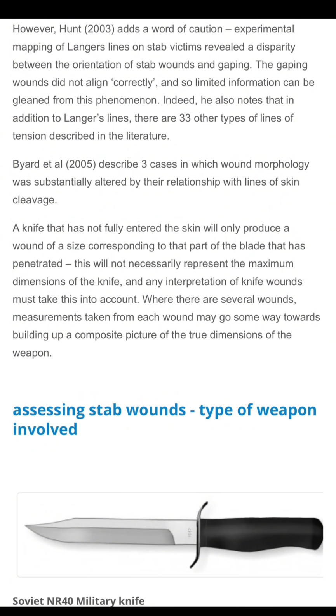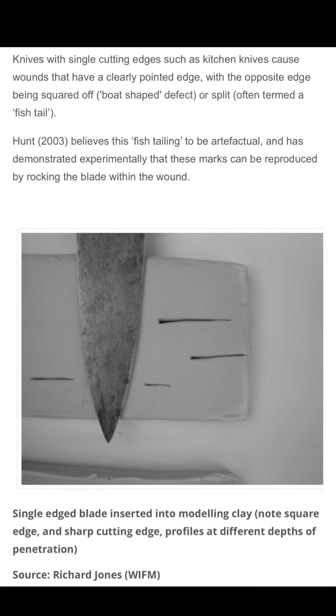It says assessing stab wounds, type of weapon. It shows a Soviet military knife. It says knives with single cutting edges, such as kitchen knives, cause wounds that have a clearly pointed edge, with the opposite edge being squared off, a boat-shaped defect or split, often termed a fishtail.